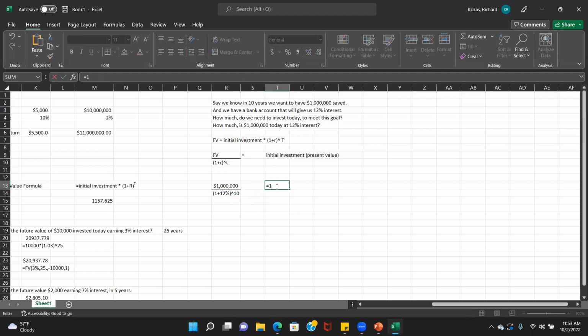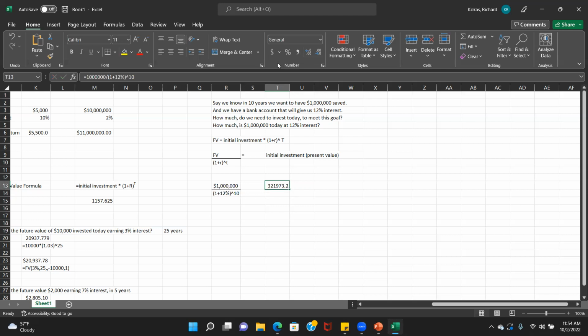So equals 1 million. You'll notice Excel doesn't like when you're doing these formulas if you put commas, so you have to just count out the zeros. So 1 million divided by parentheses 1 plus 12% raised to 10.